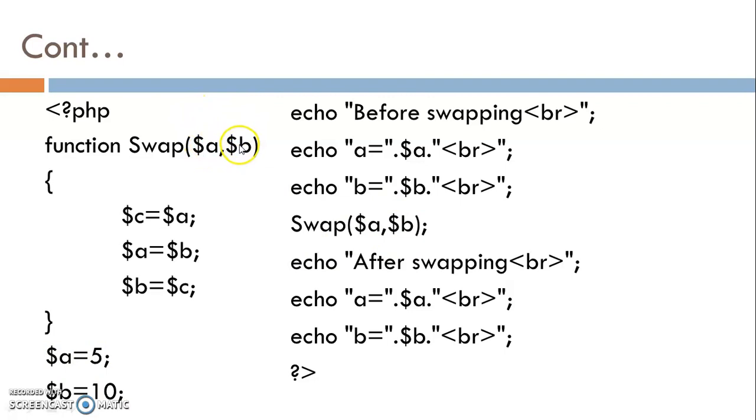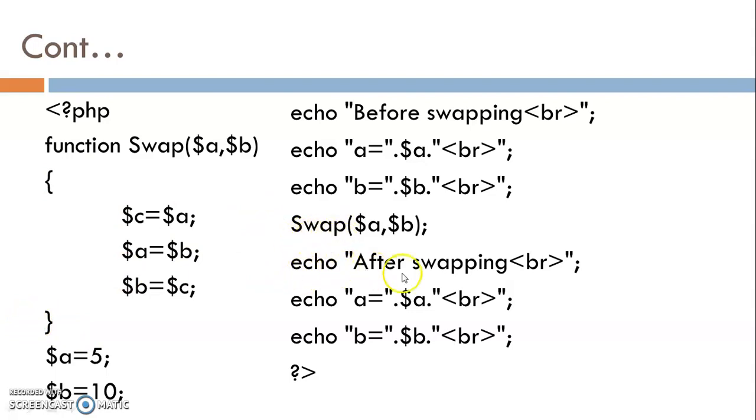Here the values are passed, so this function creates two other variables a and b, and stores 5 and 10 as values. It performs changes in these local temporary variables, and after completion of the function swap, the code returns to the next statement after the main function call swap.